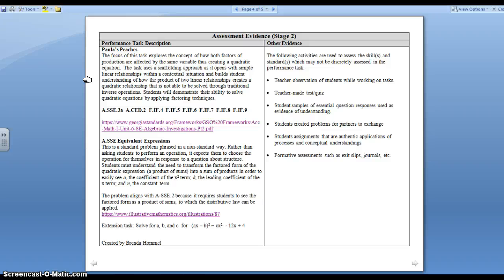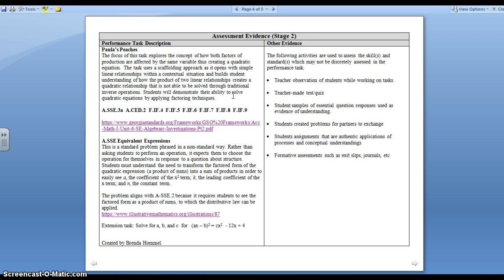The task uses a scaffolding approach as it opens with a simple linear relationship of how the average yield per tree is dependent directly on the number of trees planted. It uses a contextual situation to build the student understanding of how the product of 2 linear relationships creates a quadratic relationship.